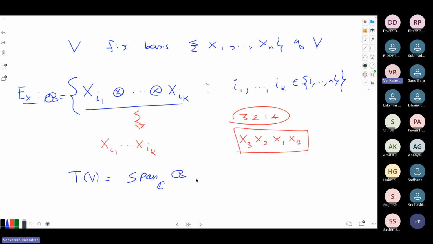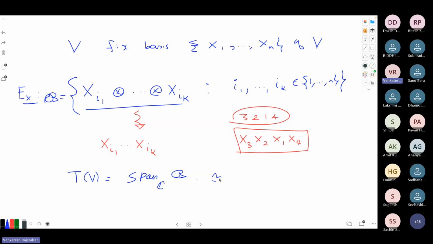So this is a somewhat combinatorial way of thinking about the tensor product. But if you think more closely, this is naturally isomorphic to the free non-commutative associative algebra generated by x1, etc., xn. We are not imposing any relations, any polynomial relations in the xi, and we don't want the xi's to commute.